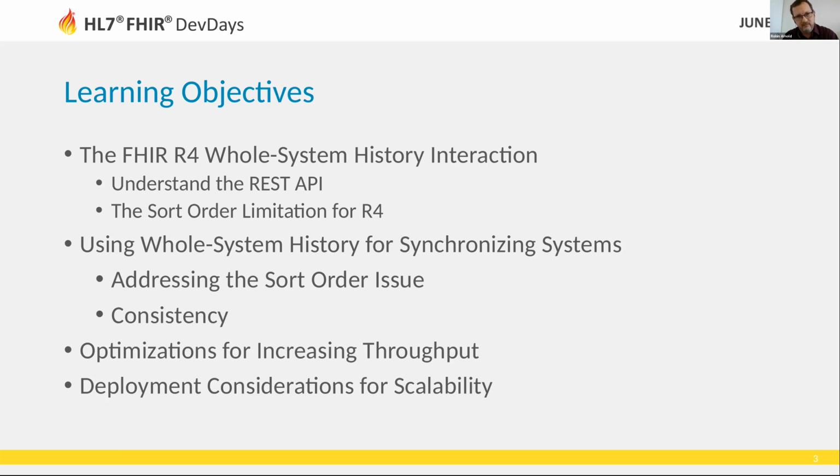That'll involve some discussion about the REST API, the sort order limitation that we have with R4 currently, and how we can actually get around that, and also some consistency issues that you'll face when you're doing this kind of thing. Then towards the end, we'll talk about optimizations for increasing throughput, and some deployment considerations for scalability, for when you have a lot of data flowing through the system.